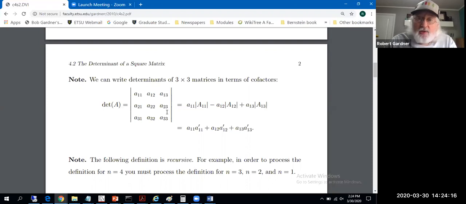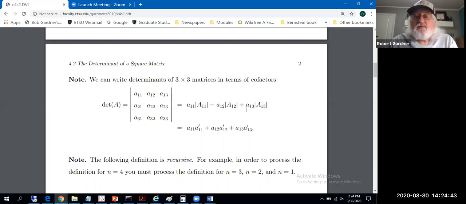In the computation of determinants of 3 by 3 matrices, we then subtracted A12 times the associated minor matrix we get by eliminating the row and column containing A12. That'd leave these two entries and these two entries. Well, that's the minor matrix capital A sub 1, 2. So we'll subtract off this entry times the determinant of the associated minor matrix.